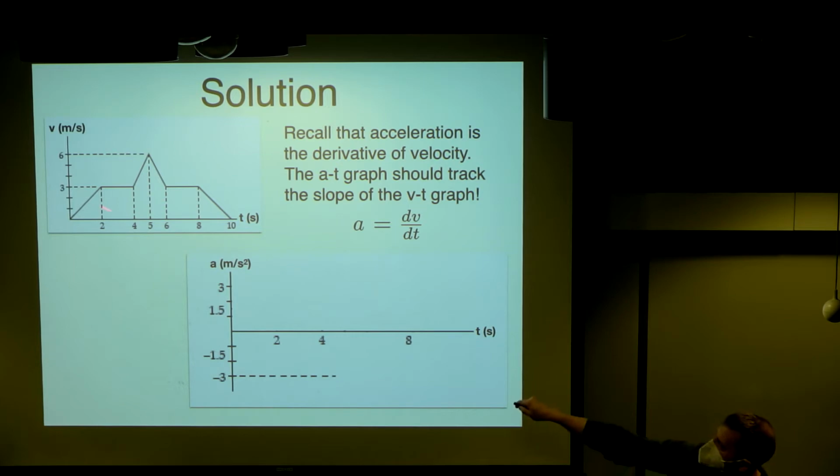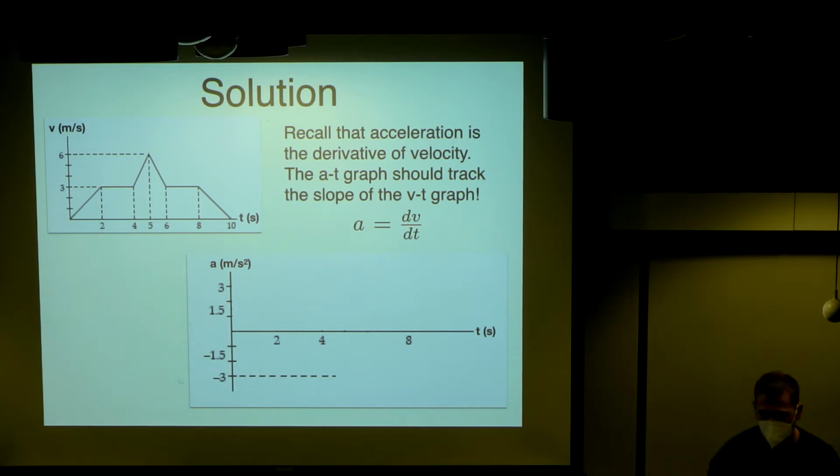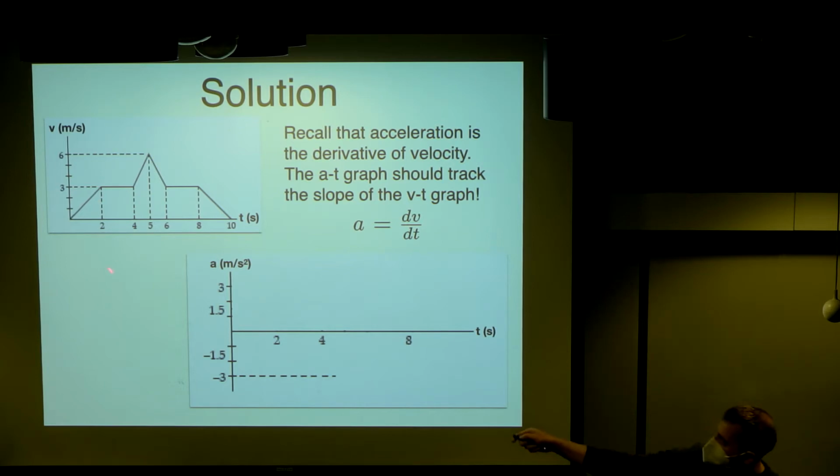So for this first bit of the motion, what can we say about the slope? We don't need to put a number to it, just is it negative, is it positive, or is it 0 right here? We have positive slope on the velocity time graph at this moment, so we have positive acceleration, right? Is the acceleration changing at all over the first 2 seconds?